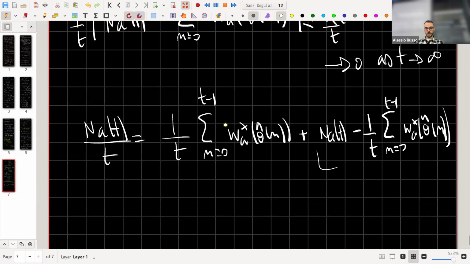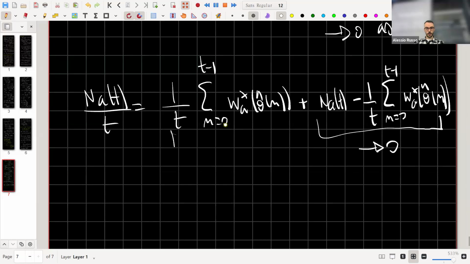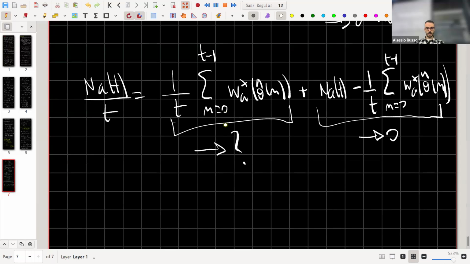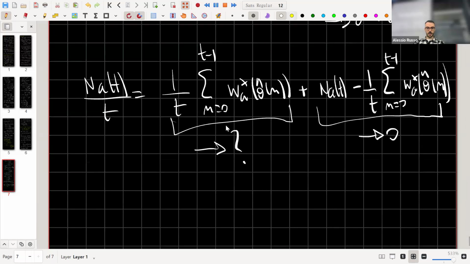I just added and subtracted it. So in the limit, we know that this goes to 0. So what does this quantity converge to? And we will have our answer.